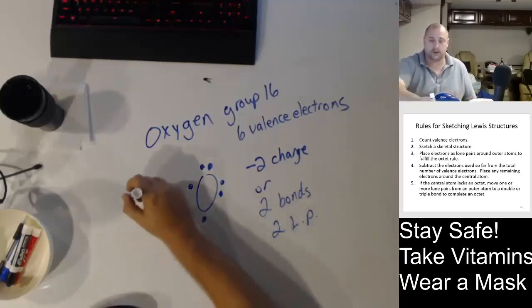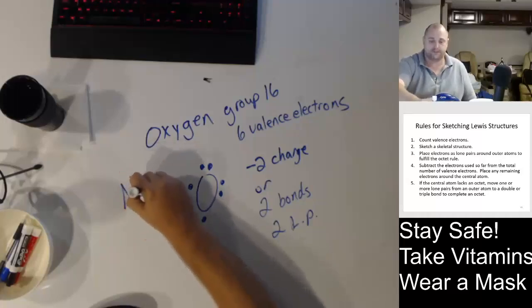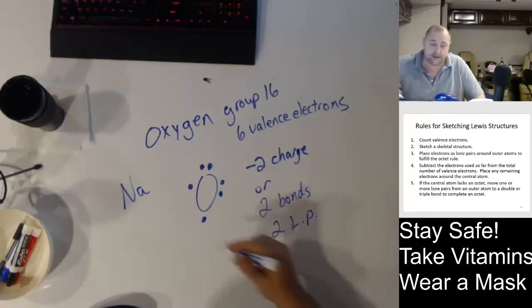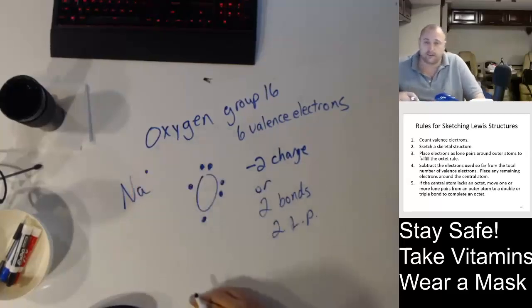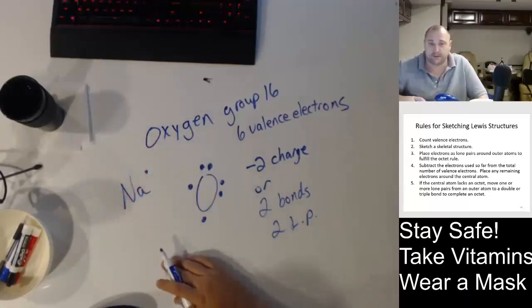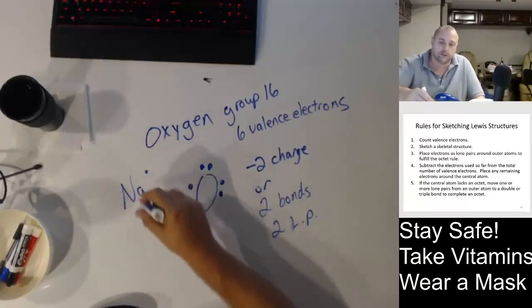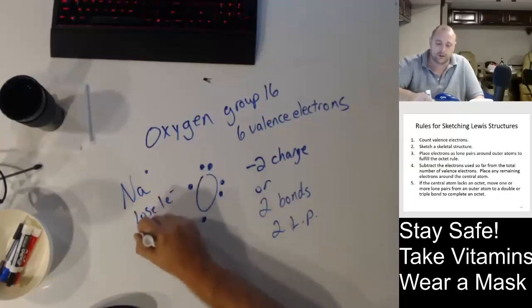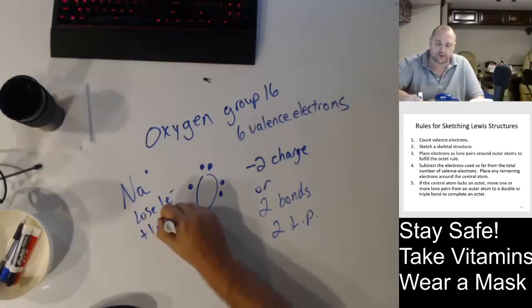Let's pick on sodium. Sodium is in group 1. It has 1 dot. Now, it could gain 7 to fill up the rest of its outside, or it could lose 1. And so we can predict it's going to lose 1 electron. That'll make it a +1 charge.